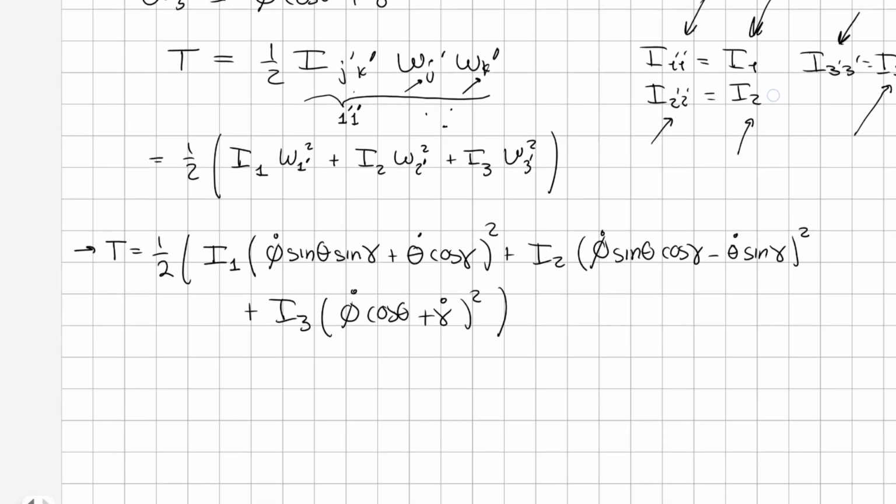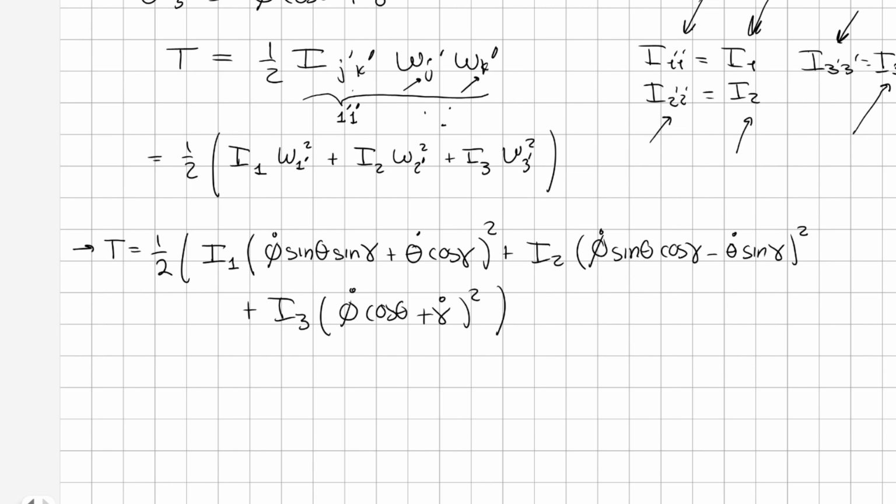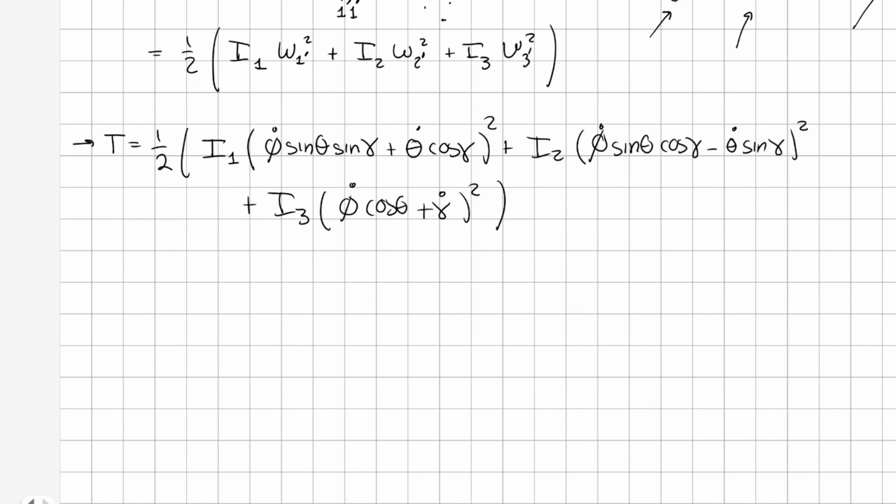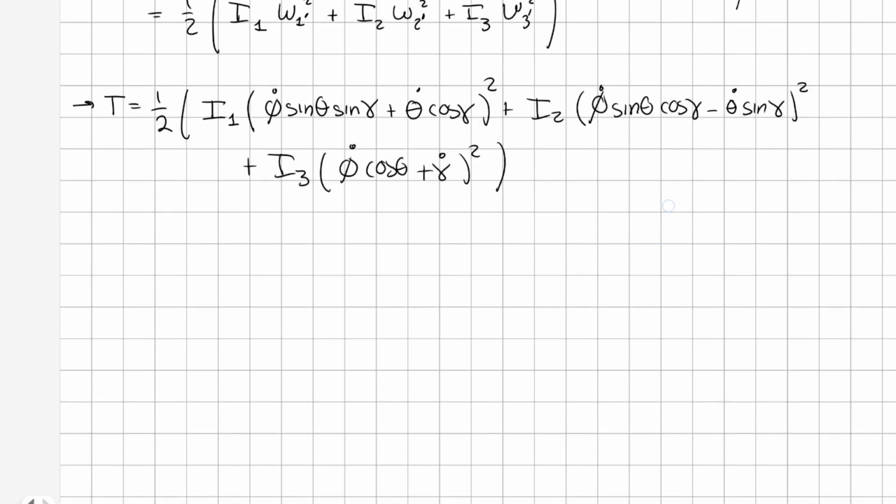So in this example, it will be convenient to choose the axes in such a way that the principal moments of inertia I1 and I2 will be equal. Okay, we are going to select the axes such that, for convenience, we establish that I1 is equal to I2.